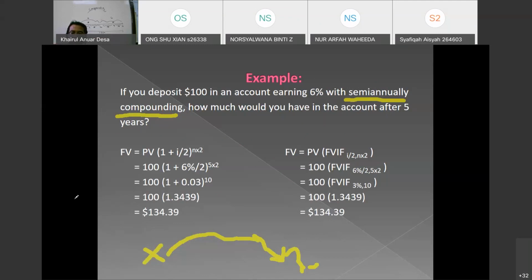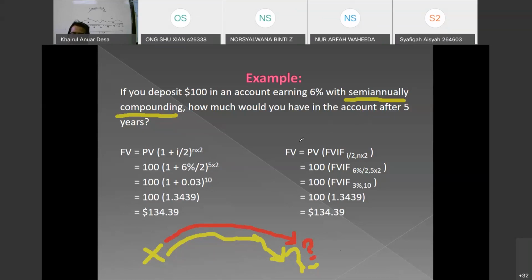So, kita harus mencari berapakah nilainya di sini. So, 100 here, 1 plus 6% over 2. Kita akan dapat 3% here. And 5 times 2, kita akan dapat 10 kali dalam tempoh 5 tahun.